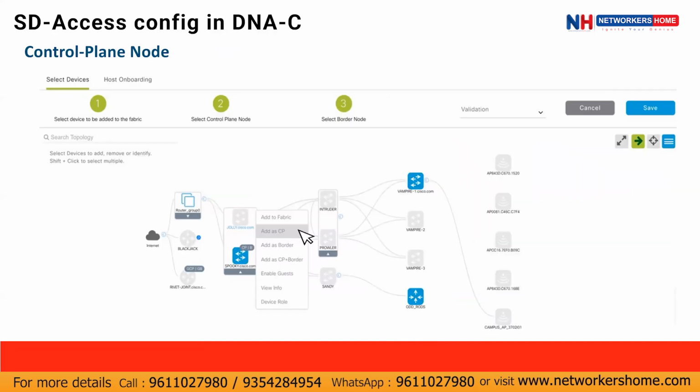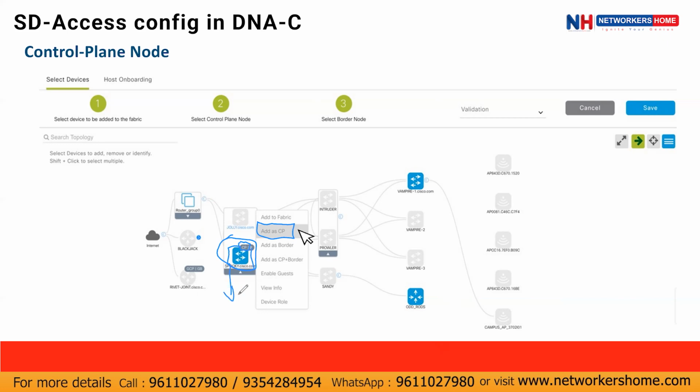So in DNA Center, this is how the fabric looks like, and to assign the role you have to right click on this or just click on it and assign the role of control plane node. In the lab section we'll see later on how we can assign different roles. This is how a control plane node is assigned its role, and when it is assigned you can see a small CP on the head of this blue fabric device.